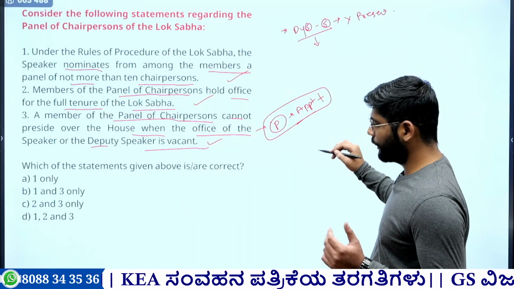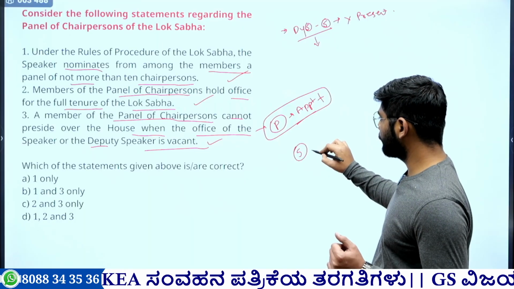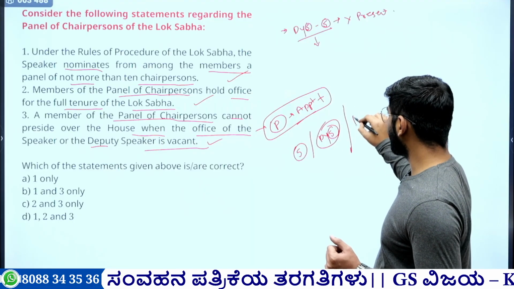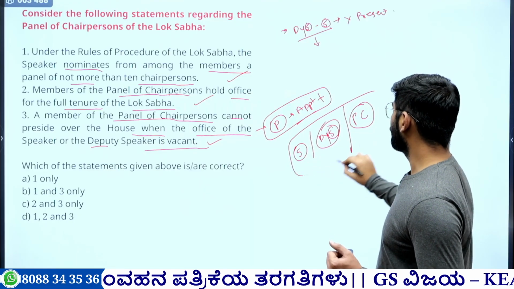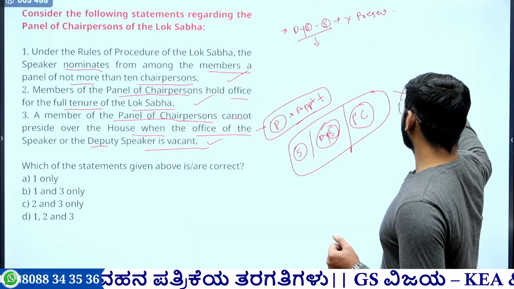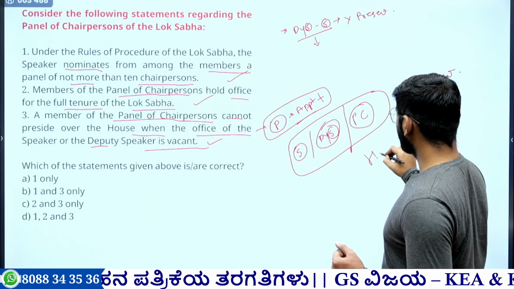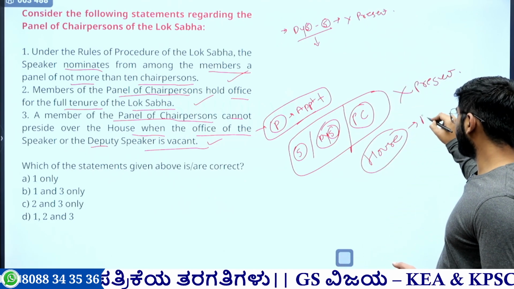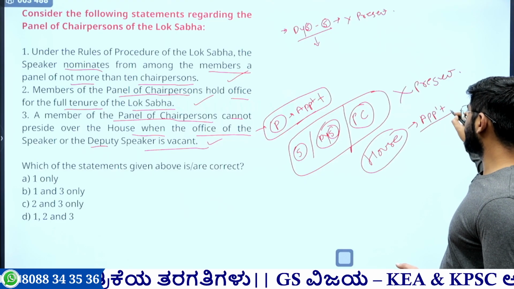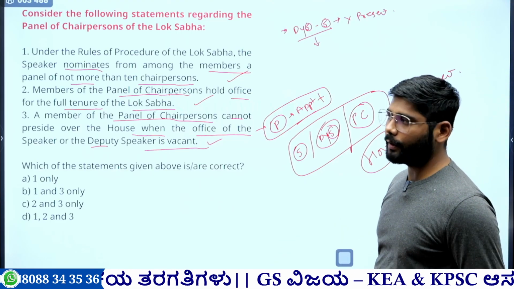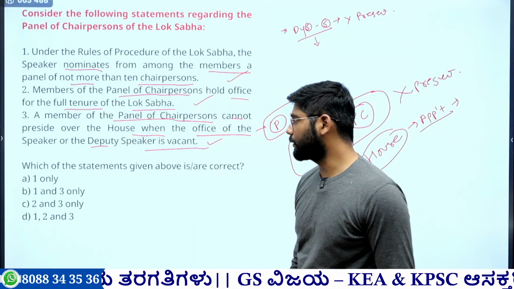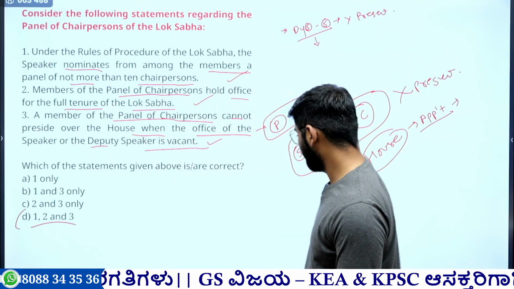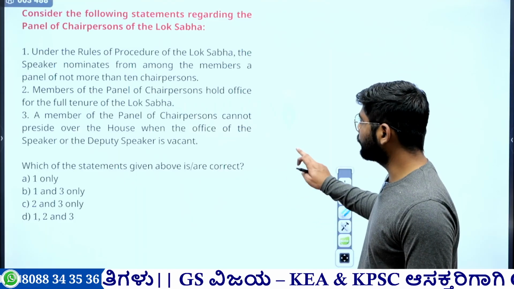But if the Speaker is not present, the Deputy Speaker is not present, and any member of the panel of chairpersons is also not present, then the house will elect or appoint one person from the house to preside over that meeting. So these are the few aspects. The correct option is D, 1, 2 and 3 are correct here. Next question.